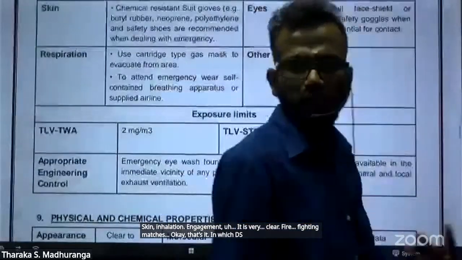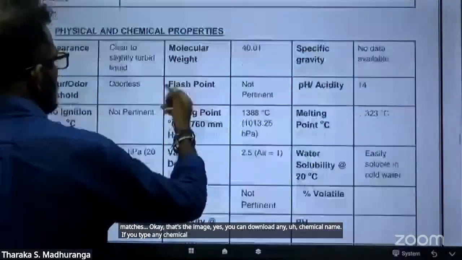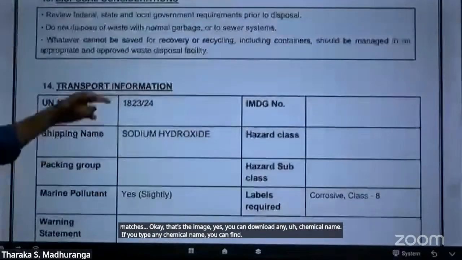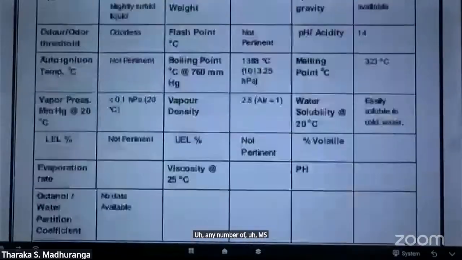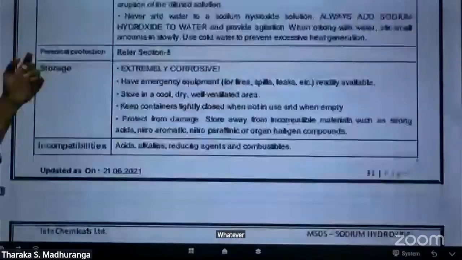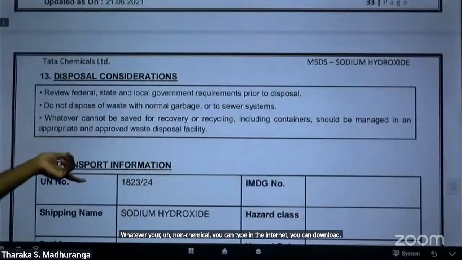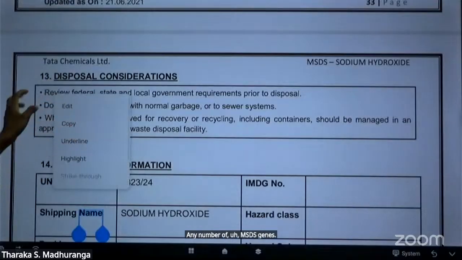You can download any chemical name. If you type any chemical name, you can find any number of MSDS sheets. You can refer to them, and for whatever chemical you want, you can type it in the internet. You can download any number of MSDS sheets for your reference.